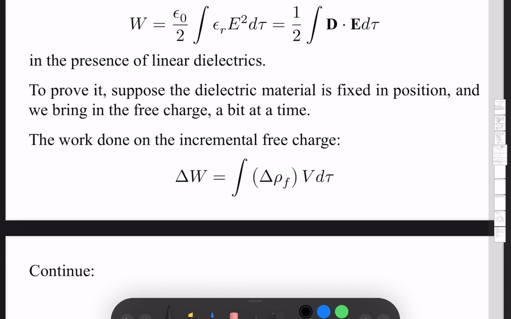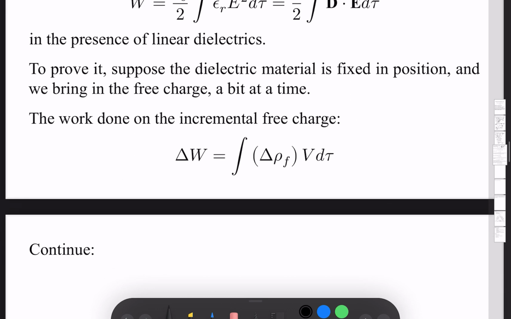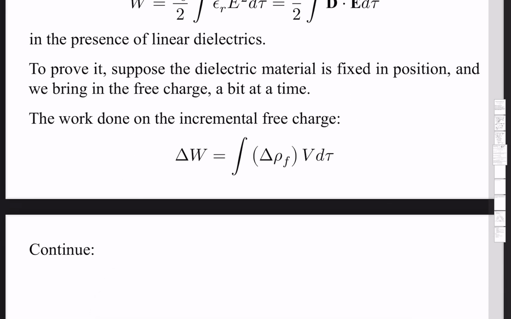But right now, instead of bringing in charge that includes free charge and bound charge, we include only the free charge, and the material will be polarized as we increase the free charge, and then the work will automatically incorporate the energy stored in these materials.